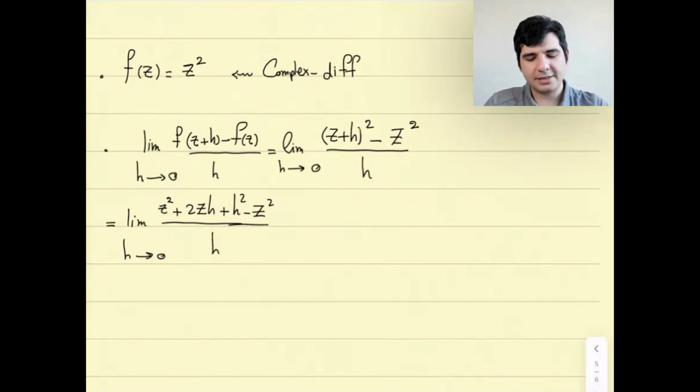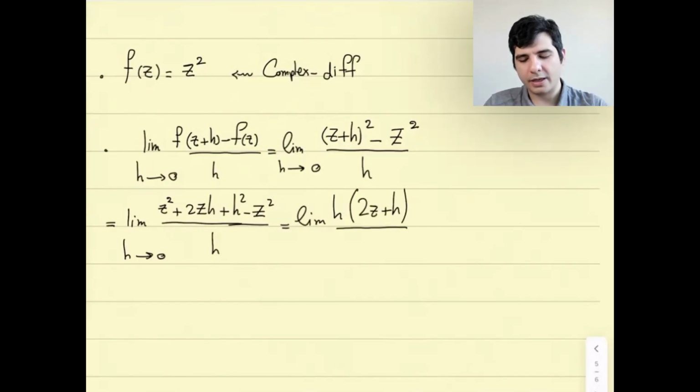So here we can cancel z squared with z squared, so this is equal to the limit of 2zh plus h squared, but I can factor h out. I can write this as h times 2z plus h over h as h goes to 0.